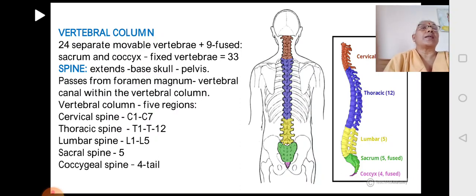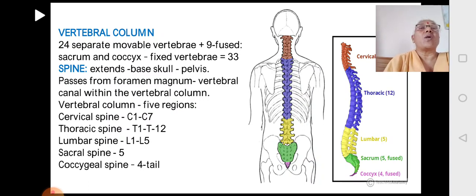It is also called the spine. It will extend from the base of the skull up to the pelvis. So if you remember the occipital region of the skull, where there is an opening called foramen magnum, through which the medulla oblongata will come down and it will become the spinal cord.